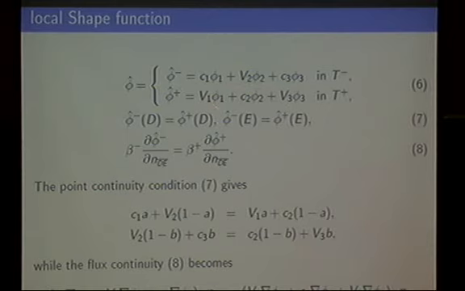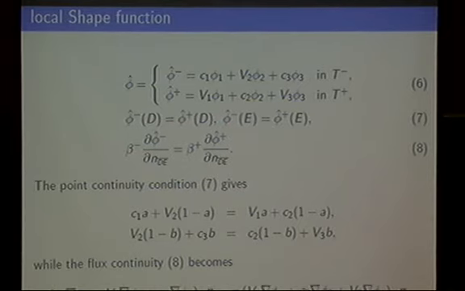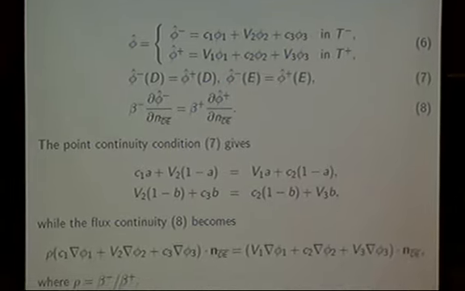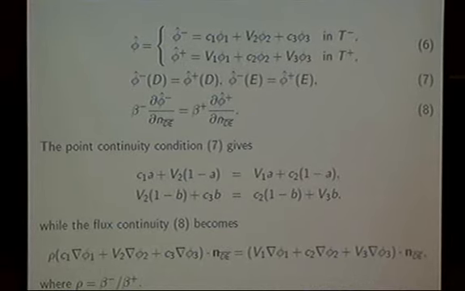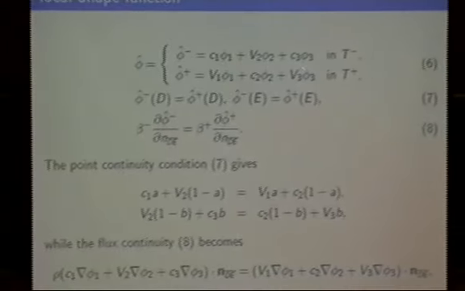The original values are V1, V2, V3, and originally it's flat, but we want to break it like this, that satisfies the jump condition on the normal derivative, the conormal derivative, and keeps the continuity at D. D is the interface point, and E is another interface point. This is continuity, and this is the basis function. And we want to determine C1, C2, C3. These are the originally given values, but we want to change them, and C1, C2, C3 are unknown. So we want to find C1, C2, C3.